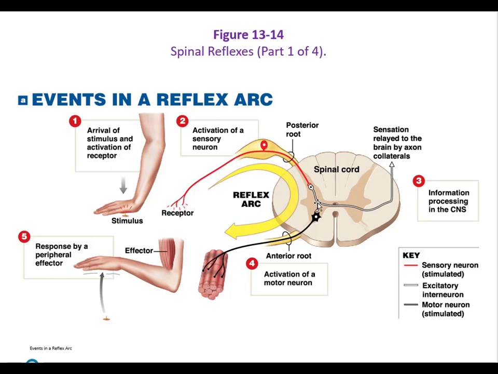But if we had to wait for it to go up to the brain and then come back down to say move your hand, you'd have a lot more damage than you would if we move it and then tell the brain what happened. So this is a reflex arc. In this case, we contacted our skeletal muscles, which contracted our bicep, which pulled our hand off the tack.